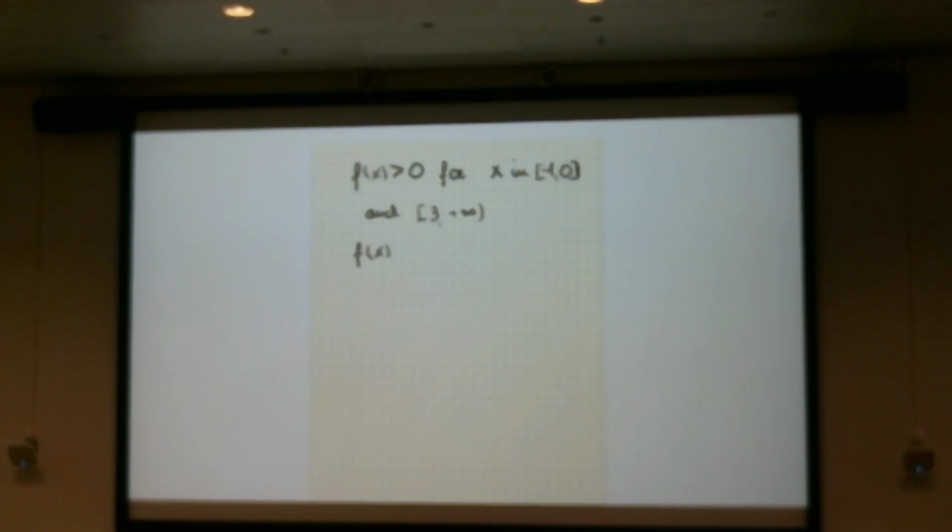So this is where it's positive, and it's negative for x in minus infinity, minus 1, and 0, 3. So in these intervals, the function is positive, and in these intervals, it's negative.